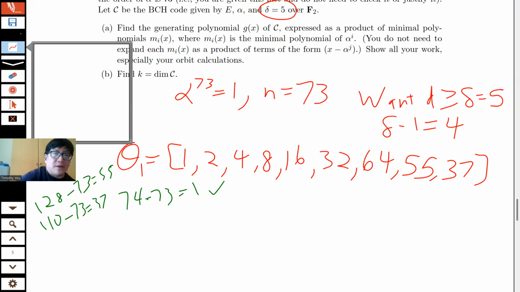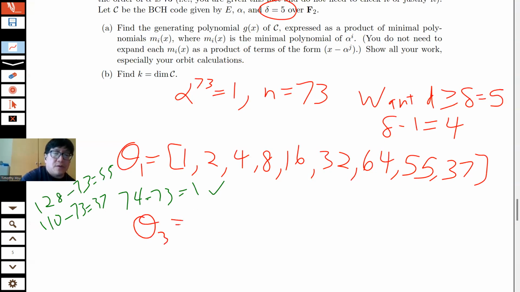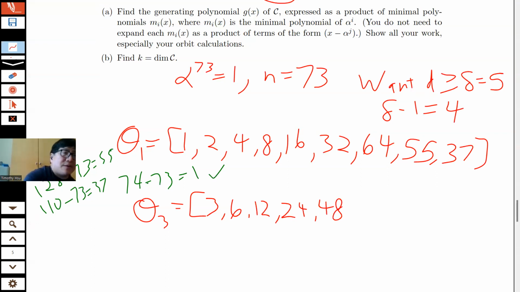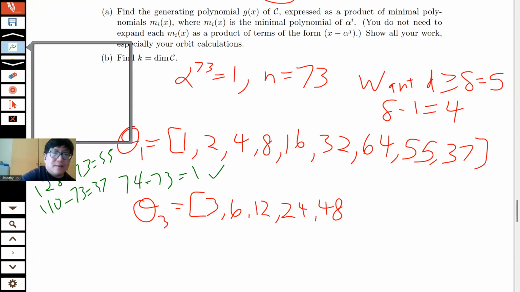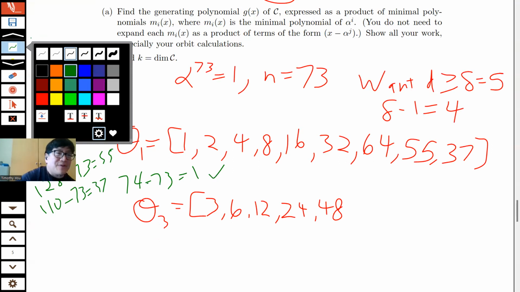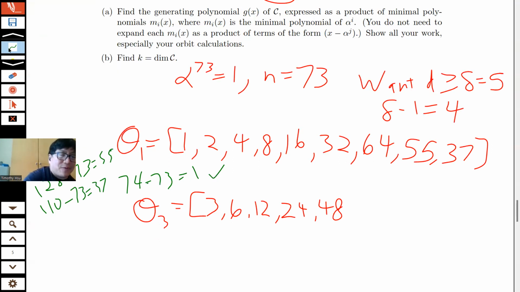The only other orbit that we need to compute is the orbit of 3. So that's 3, 6, 12, 24, 48, 96 minus 73. Yeah, we've got 20 minutes, I can afford to be careful.